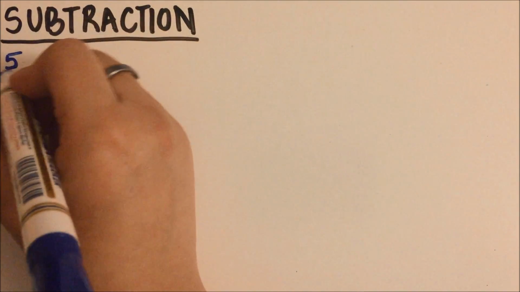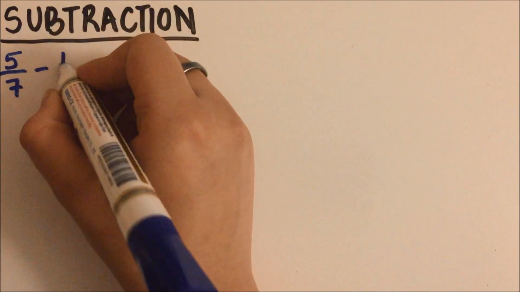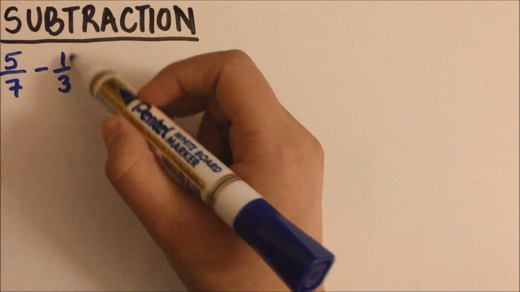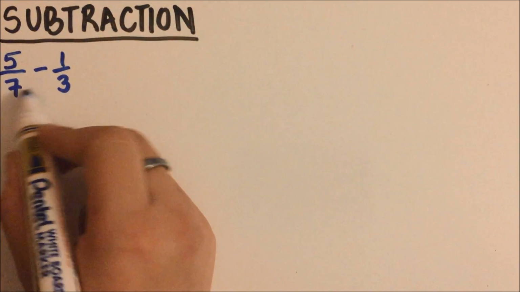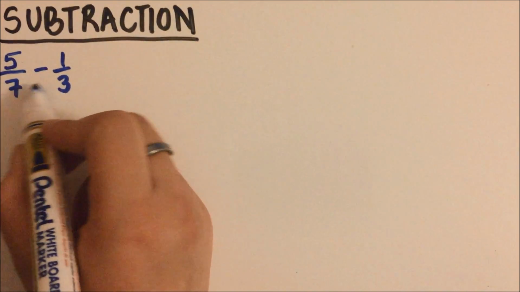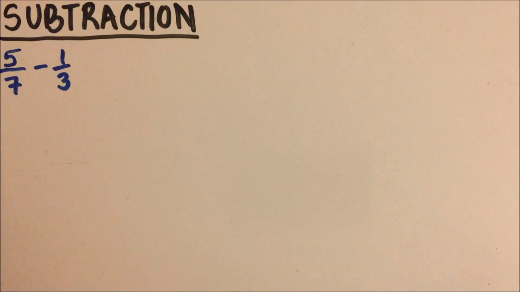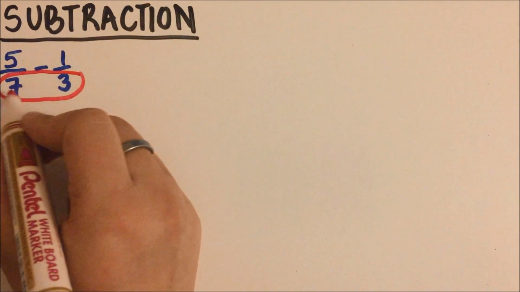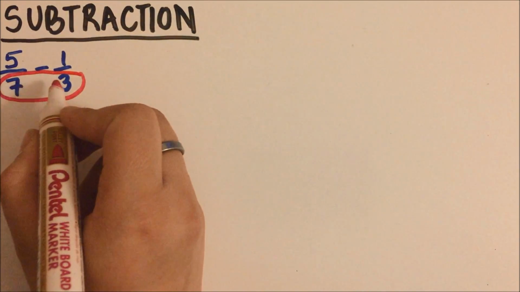So that was for denominators that are already the same. However, we can easily have two fractions that we need to subtract which don't already have the same denominator. In this case, we circle the denominators and find the LCM of 7 and 3.